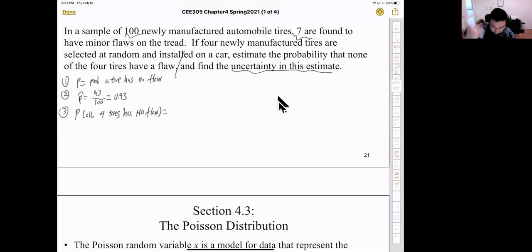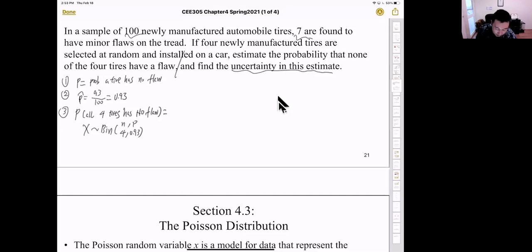So we can figure out X follows a binomial distribution with n and P. So n is 4, the sample size is 4, and P is for each tire: the chance of no flaw is 93%.